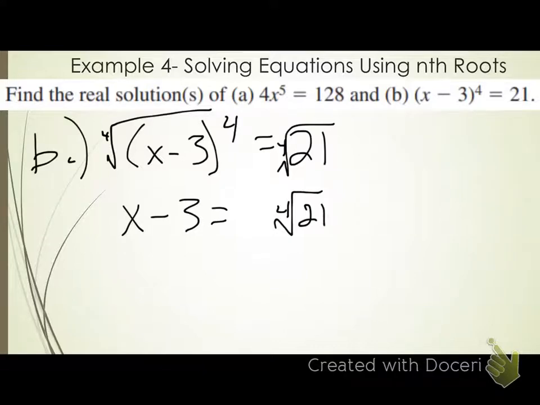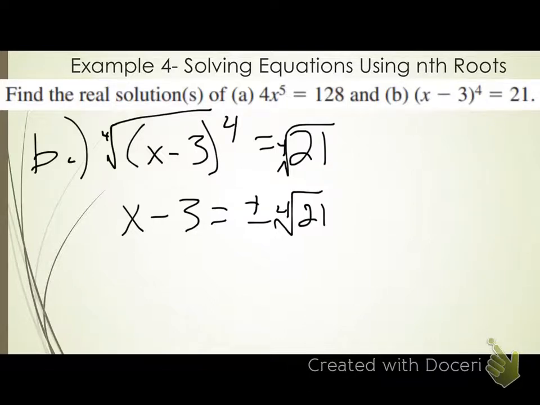Do I need a plus or minus in front of it? Remember, when our n value was even and a was greater than 0, I have 2 real solutions. So it's plus or minus the fourth root of 21. My n value is even, right? A value is greater than 0. So how many real solutions do I have? 2.